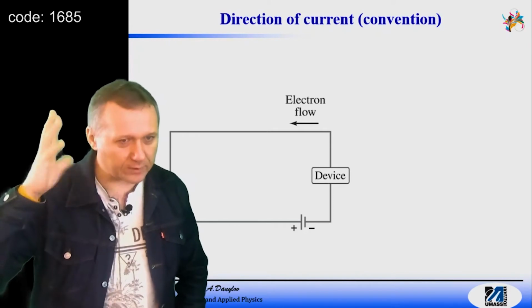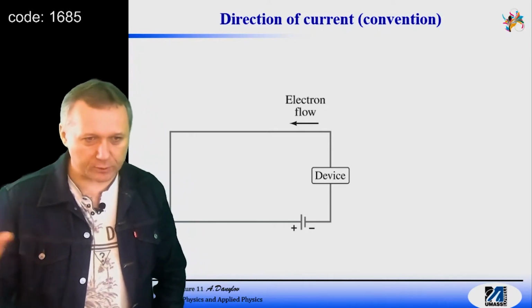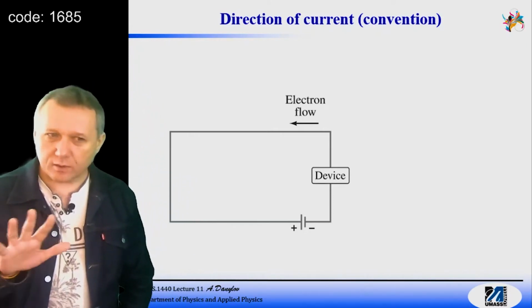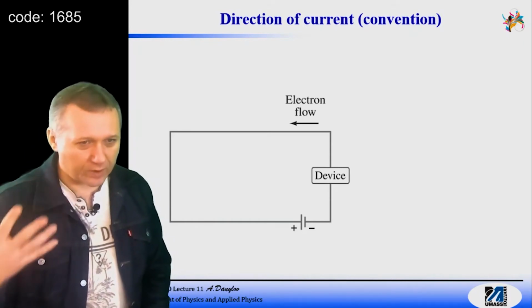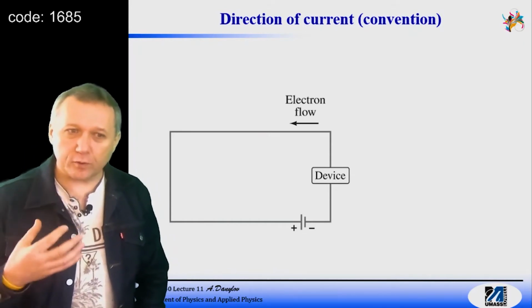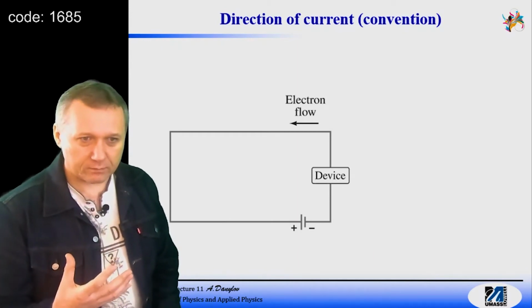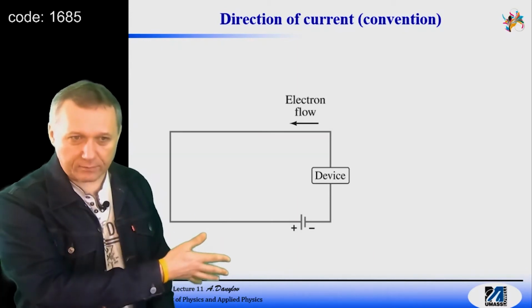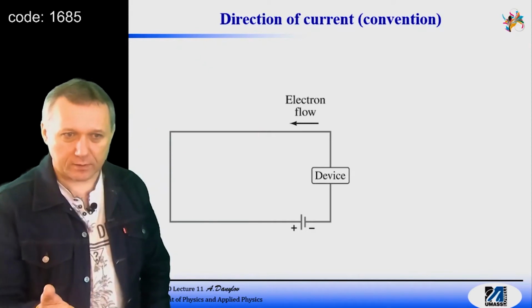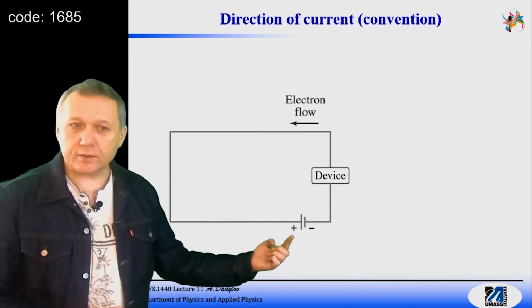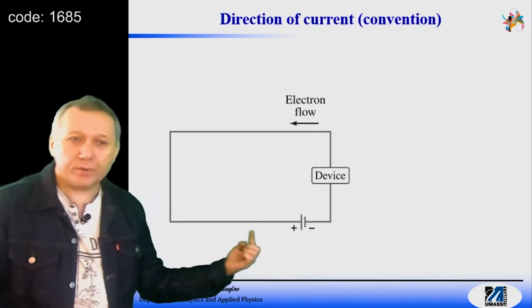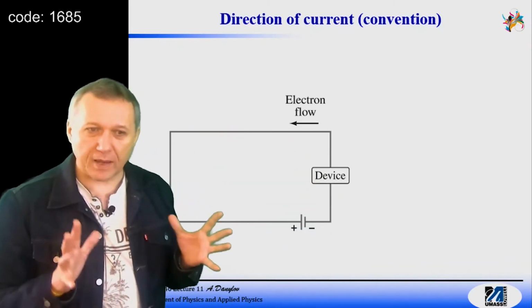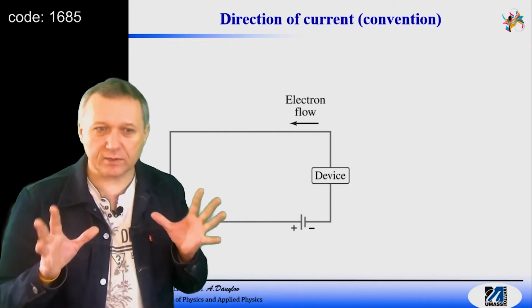Not all the time, but it's normal, absolutely normal. So it's not good. In order to avoid those troubles, it's better to follow exactly the same convention, like electric field lines from plus to minus. So let's also pick the direction of current from plus to minus. The pattern will be exactly the same, the convention is exactly the same.